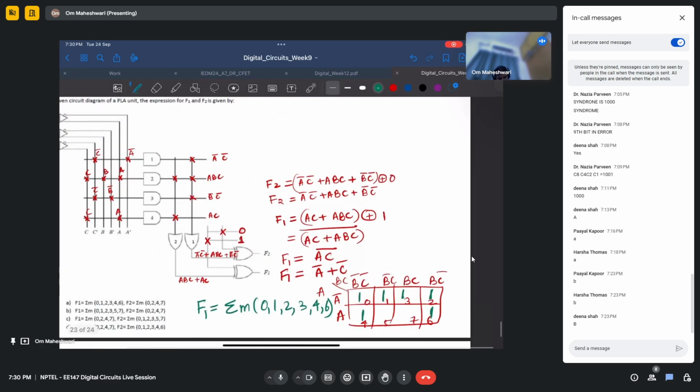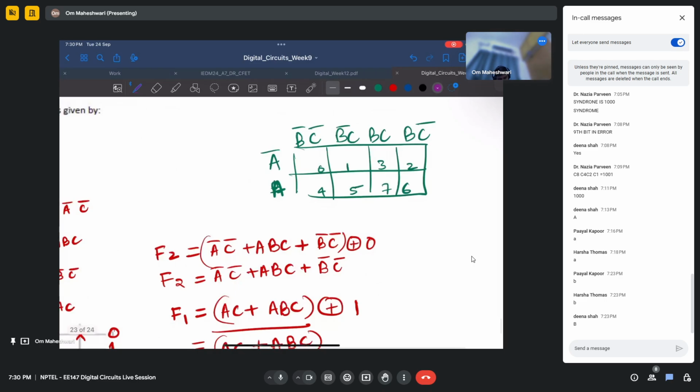And for F2, you can draw another K map here. We have A bar, C bar. So this is A bar, C bar, and we have ABC.